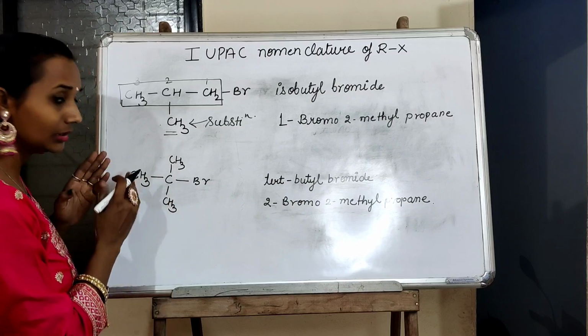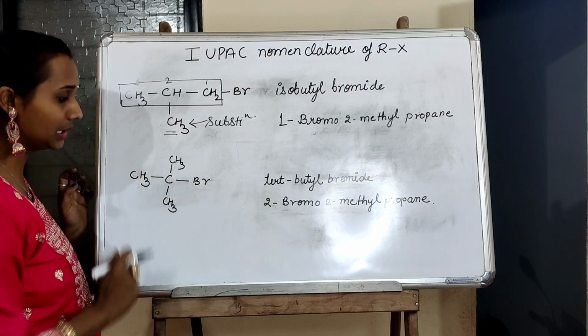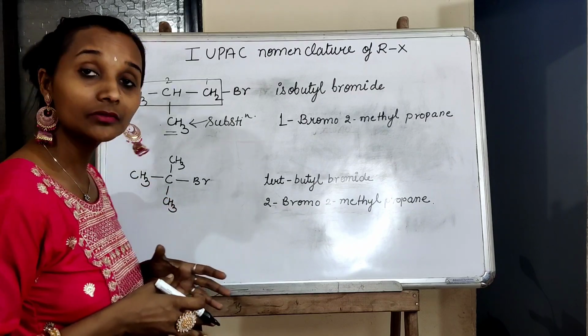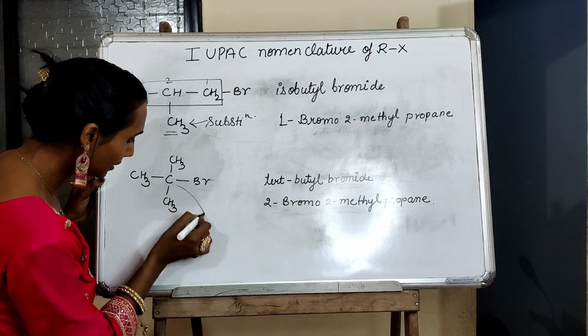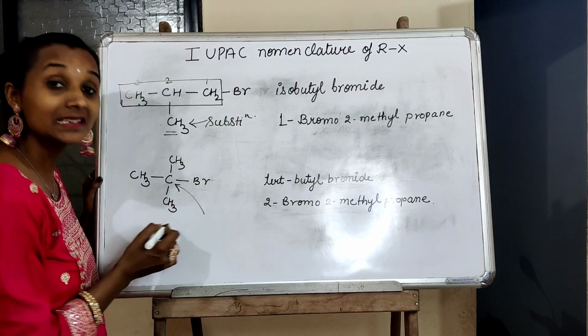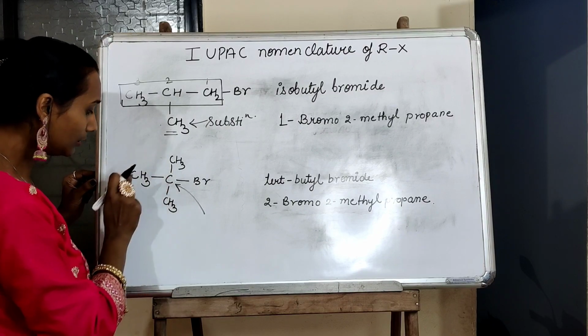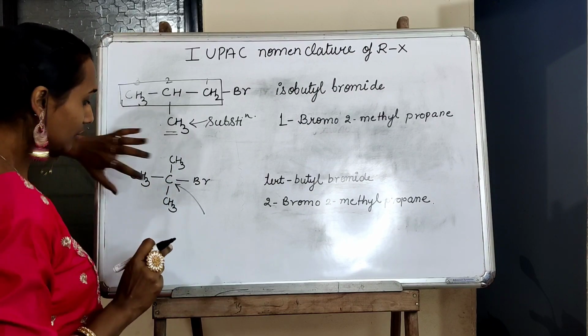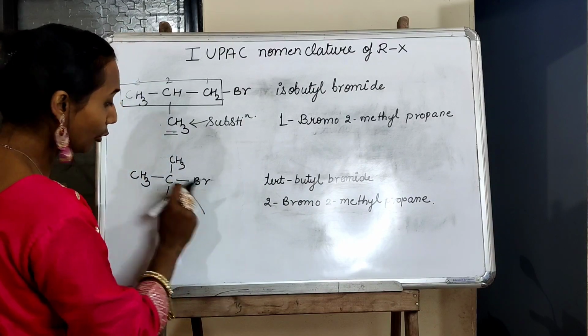Now let us move towards the next example. I have drawn (CH3)3CBr. The common name of this compound is tertiary, so this carbon, if you see, is tertiary. So tertiary butyl, 1, 2, 3, 4. So this structure corresponds to tertiary butyl bromide.